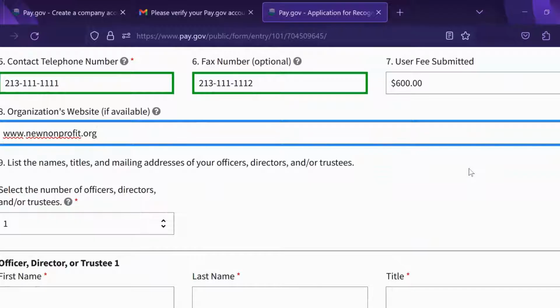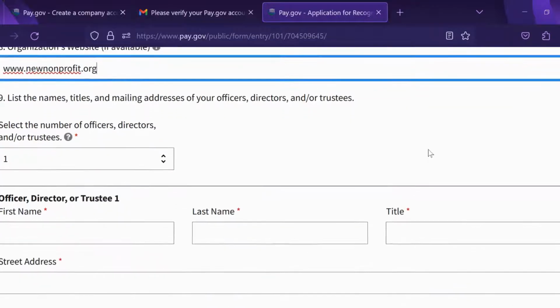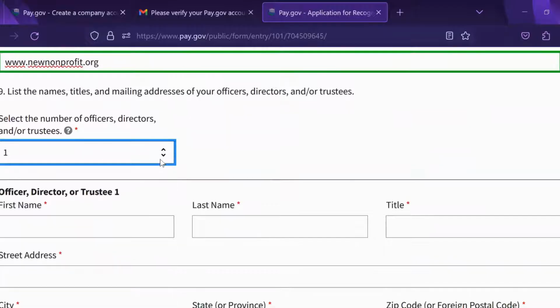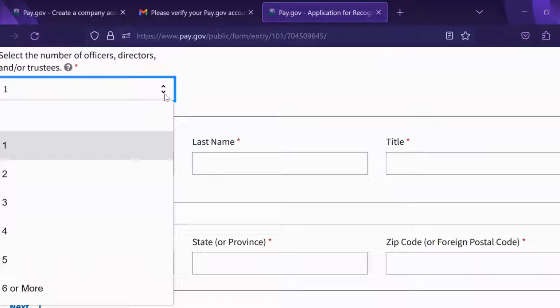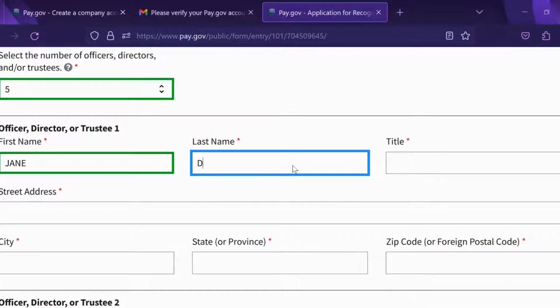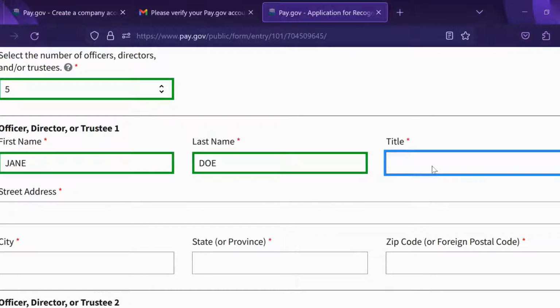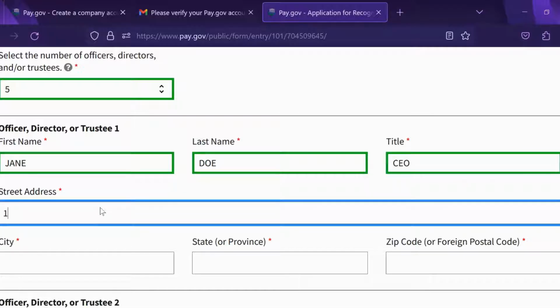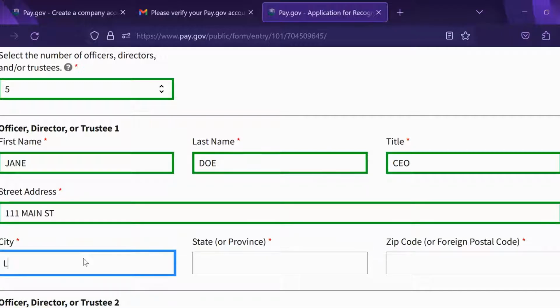Next, 9, list the names, titles, and mailing address of your officers, directors, or trustees. Select the number of officers, directors, and trustees. So Jane has 5. We are going to start off with Jane. She's the CEO. Los Angeles.